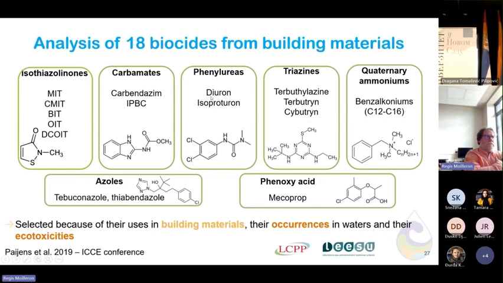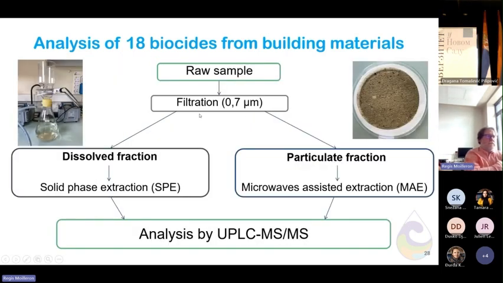You can see here diuron. It has been forbidden for use as pesticides, but it still can be used for building materials, for example. So it's still present in the urban waters, in wastewater. And so they have some ecotoxicity, and so it's important to target them.